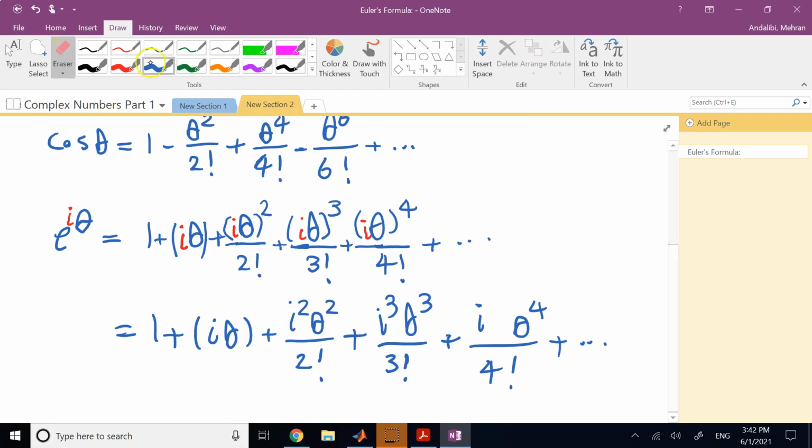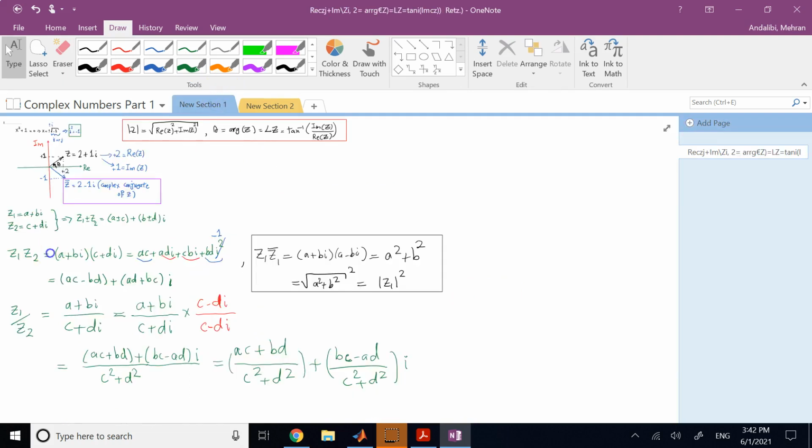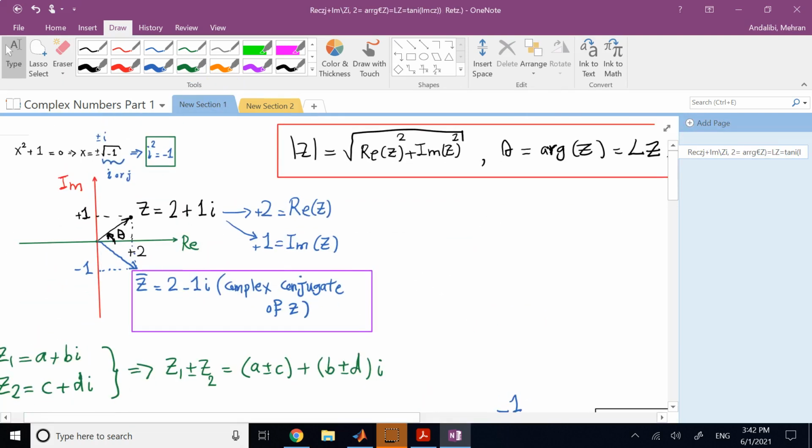Now, what are these powers of i? Clearly, power 1 of i is i. i squared, we know, based on definition, is -1. What about power 3 and 4 of i? If we go back to the definition of i, it's not hard to do that.